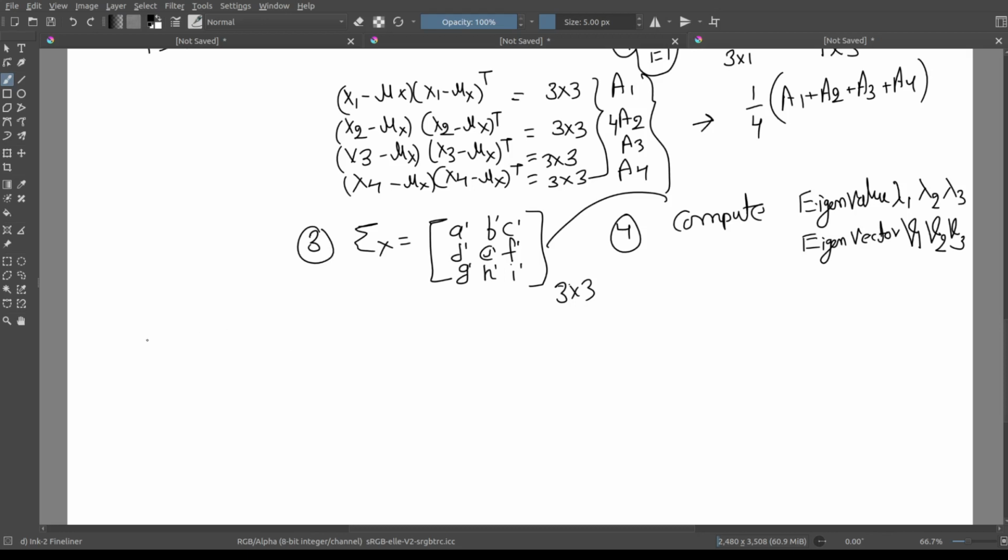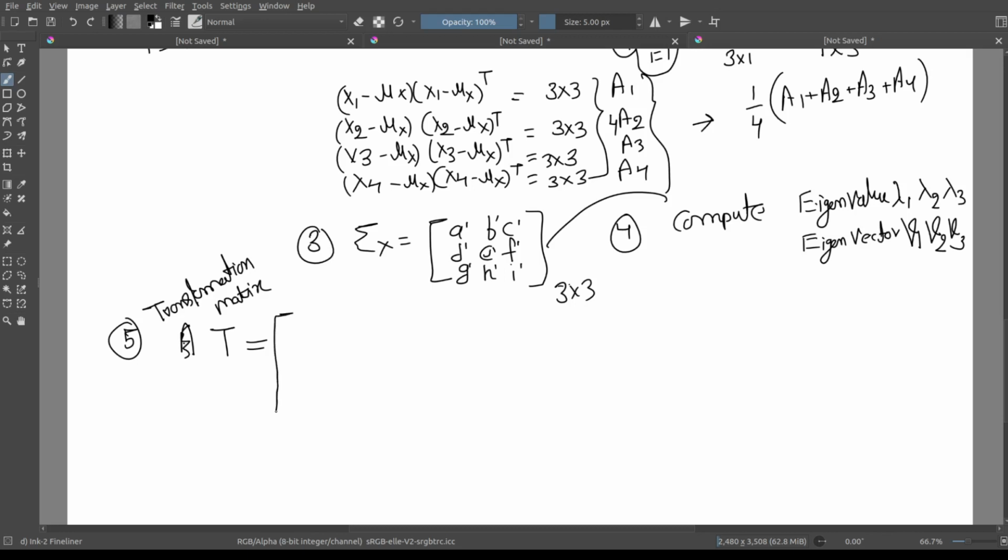Now, what is the fifth step? In the fifth step, you make a transformation matrix. Let's say the transformation matrix is T. So how to form this transformation matrix?